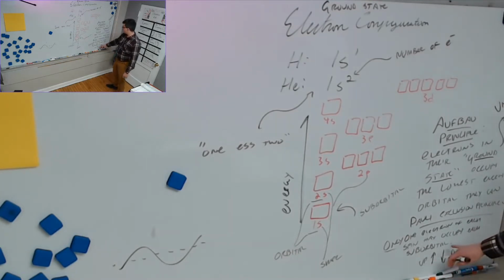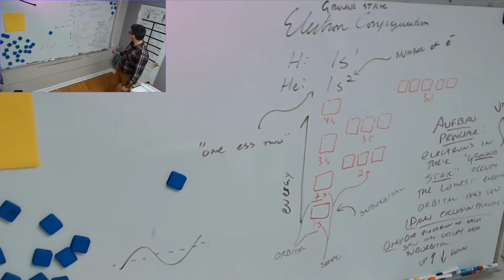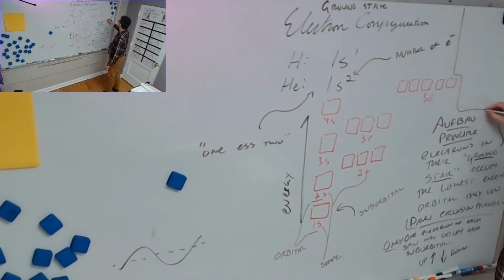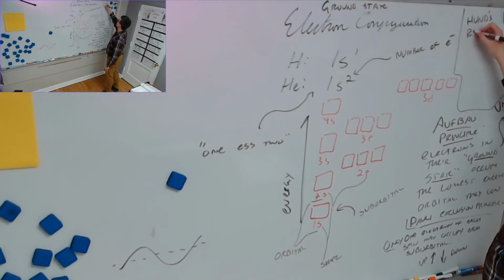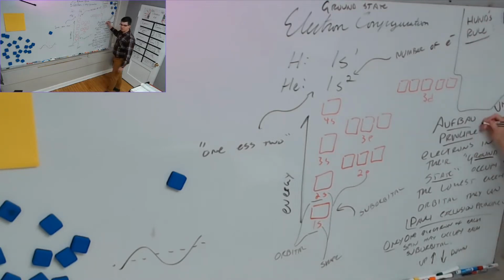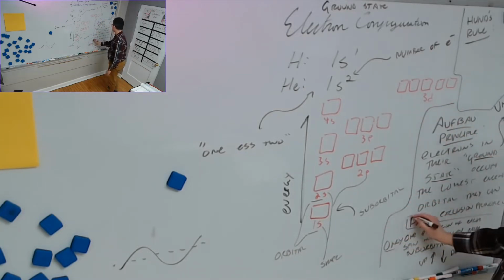So that relates to the next rule, Hund's rule. I ran out of room, so I'll just do it up here. This is messy. Hund's rule. These are in no specific order anyway, so it doesn't really matter. The Aufbau principle is probably the most basic, but they aren't in any specific order.